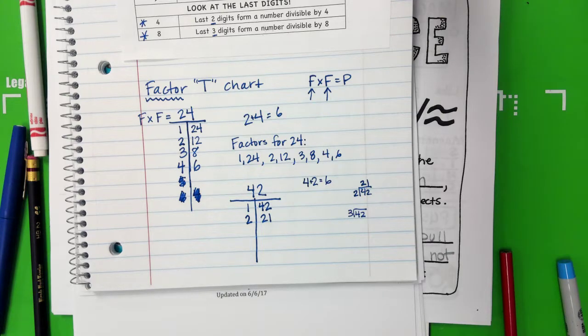42 and then the other one is 24. So we're going to also have the same answer. Go ahead and divide 42 divided by 3 on the side of your paper.